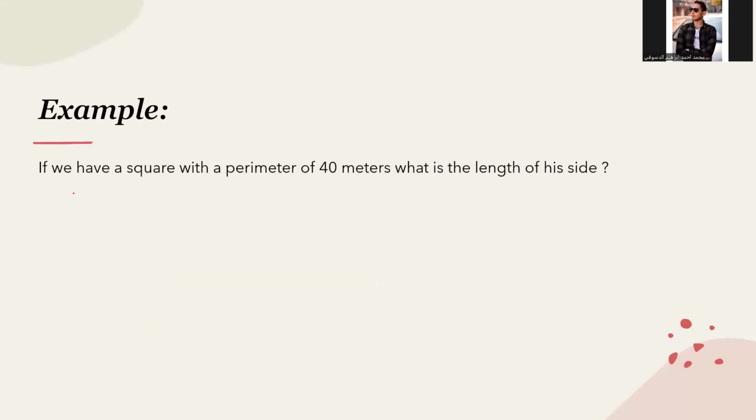Okay. Another example. If we have a square whose perimeter is 40 meters, what is the length of its side? So he wants the side, and he gave me the perimeter. So we want to solve the problem upside down.